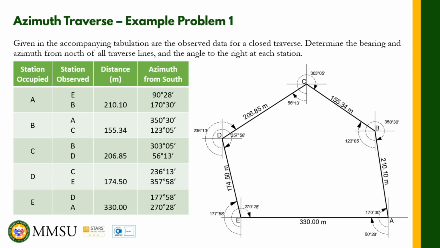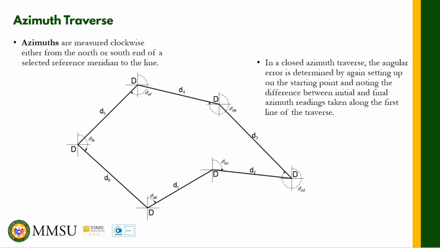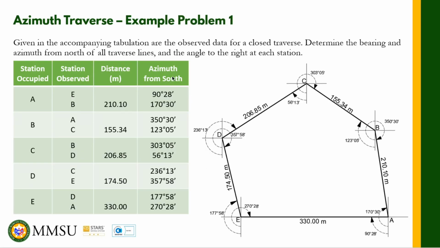We have 5 lines, and then the azimuth from the north is also unknown. What is given to us is the azimuth from the south. So the problem is asking us to solve for the azimuth naman from the north. And then finally we are going to solve for the angles to the right at each station.